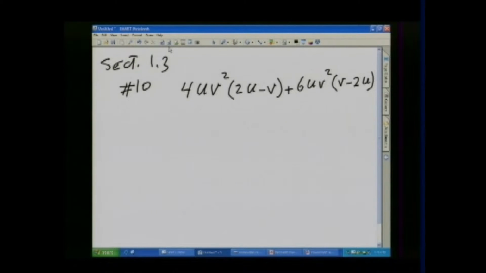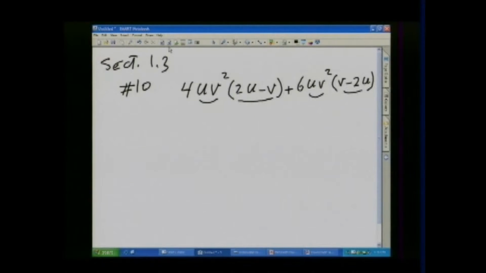Now, if you notice the terms, the 4uv squared and 6uv squared have uv squared in common. Here we have 2u minus v, and here we have v minus 2u.